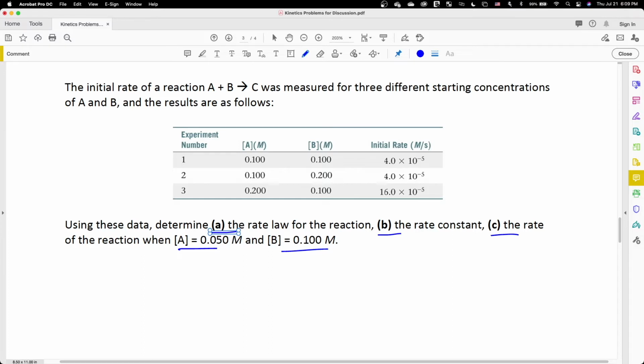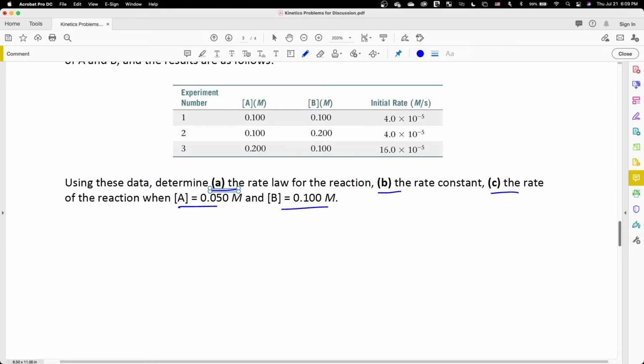During discussion, we went through all the math to figure out what the reaction orders would be for our reaction here. Remember that we start by saying the rate equals, I messed up again. Sorry, trying to erase. Sometimes the eraser doesn't work as well.